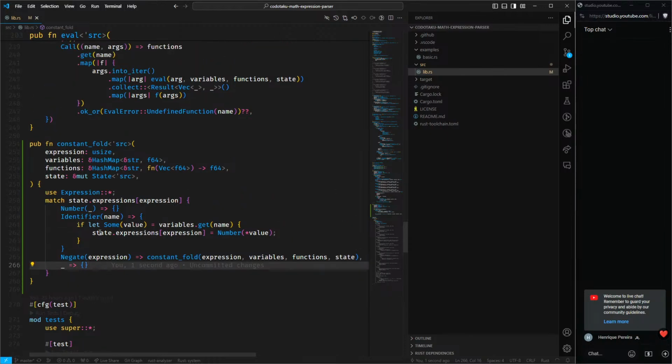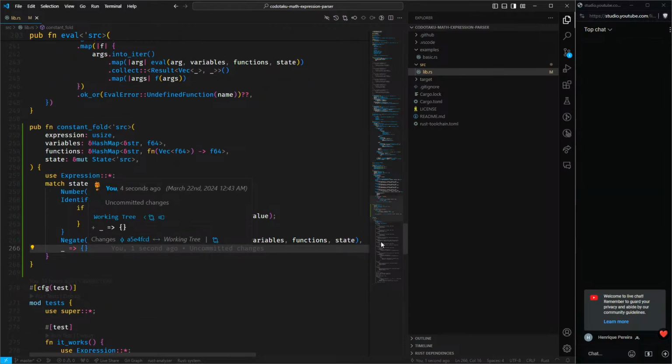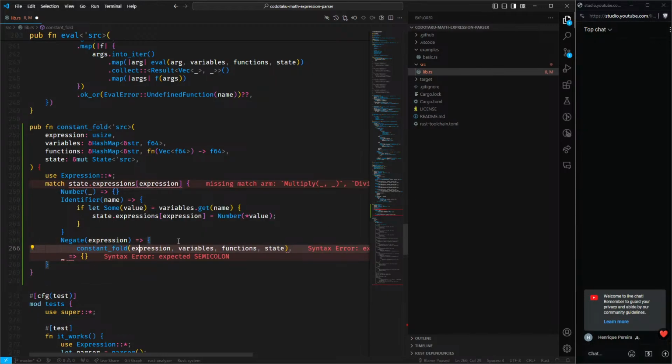And okay, cool. So we have tried to ConstantFold the children elements of this AST, but we still haven't done the ConstantFold for the negate itself. So let's do that.